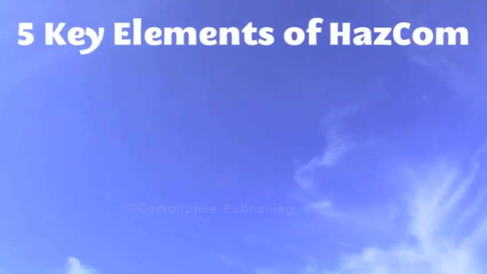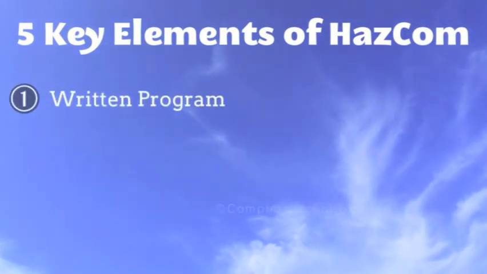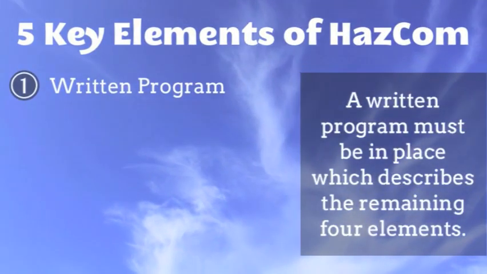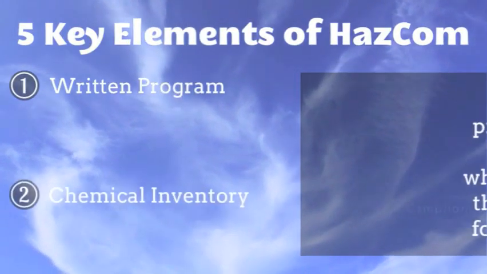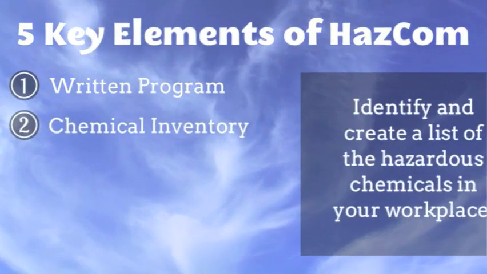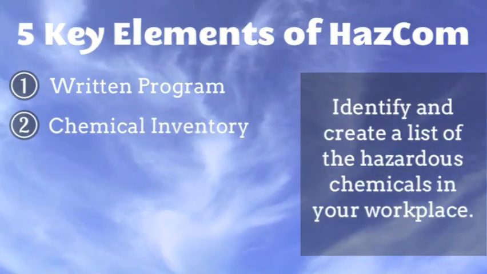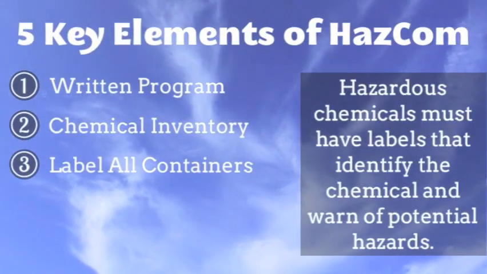There are 5 key elements you must understand about HazCom. The first is written program. A written program must be in place which describes the remaining 4 elements. Chemical inventory. Identify and create a list of the hazardous chemicals in your workplace. Label all containers.